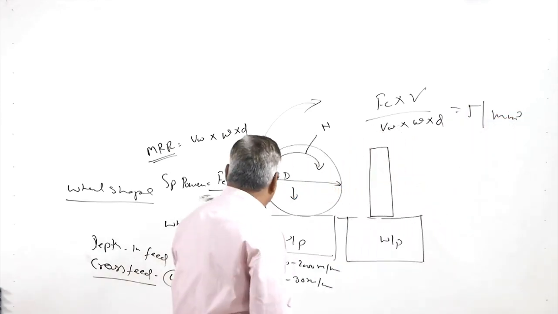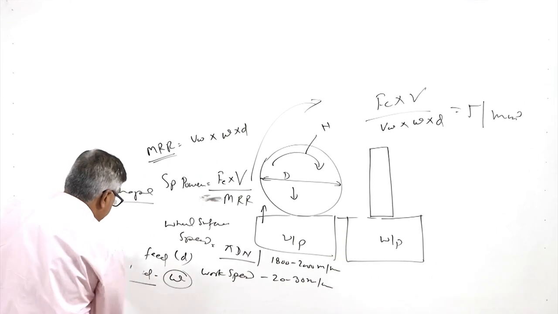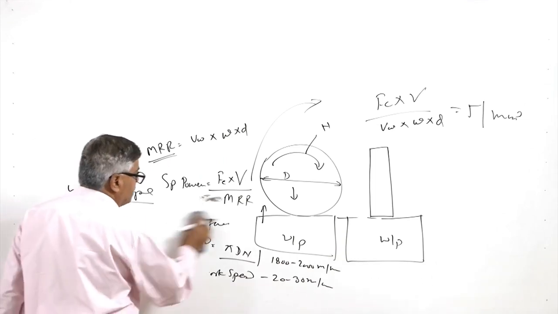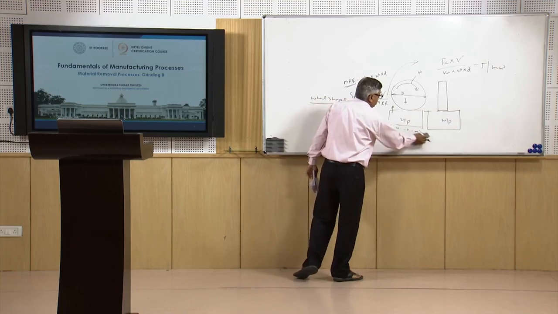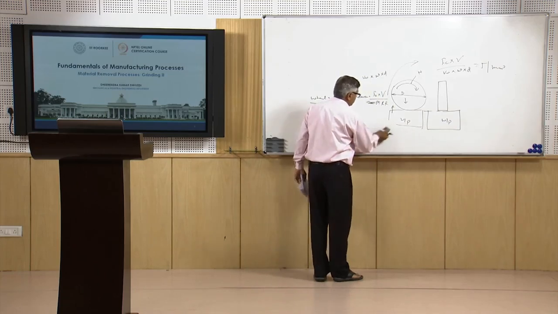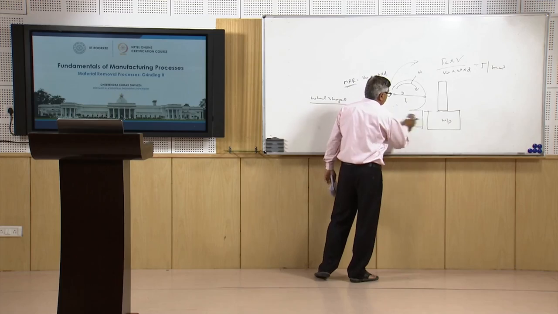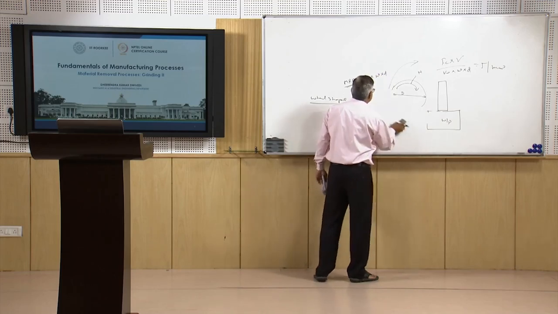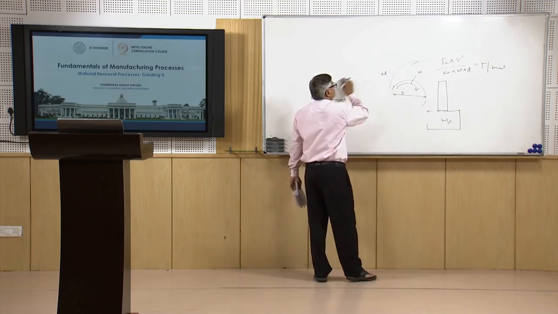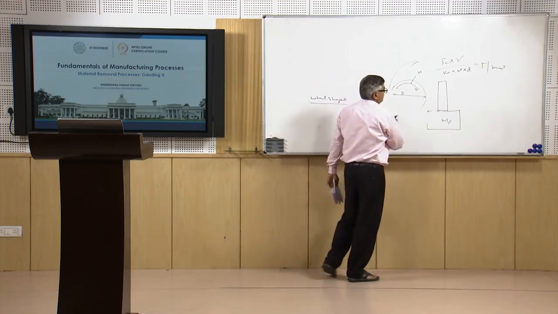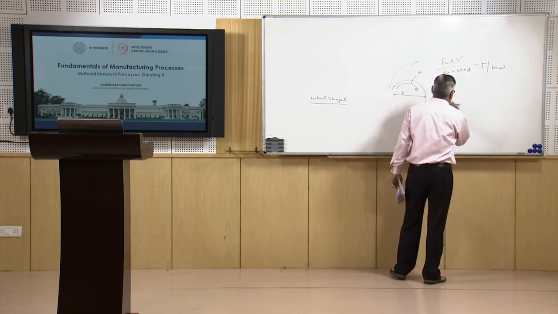If we calculate the specific energy for grinding, it comes out to be extremely high, higher than conventional machining like the milling process. So, we will try to look for the reasons behind the high specific energy for the grinding wheel as compared to that of the conventional milling or machining processes.